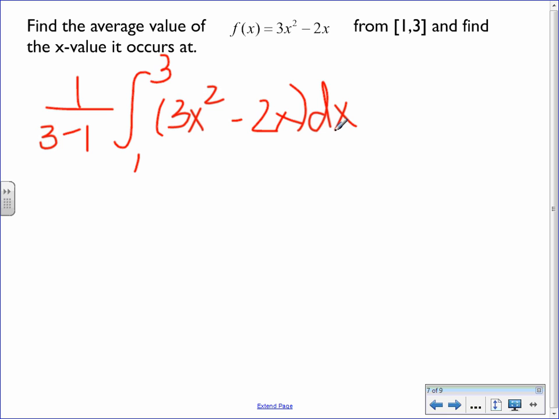So 1 over b minus a is 1/2. Antiderivative of 3x squared: x cubed. Antiderivative of 2x.